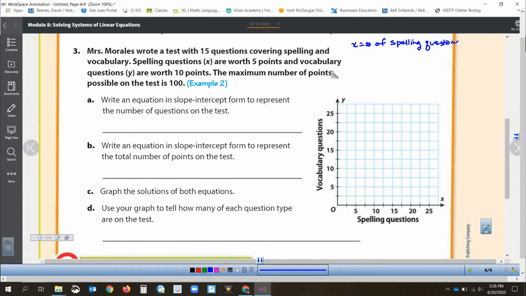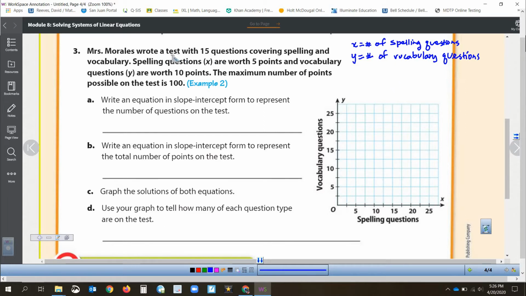And Y is going to be the number of vocabulary questions. So when you are setting up and solving these systems of equations, make sure that you start off with an understanding of what your X and Y actually stand for. All right, because then when you're asked to write the equations, it should be easier. It's definitely hard to write an equation when you don't know what your variables represent.